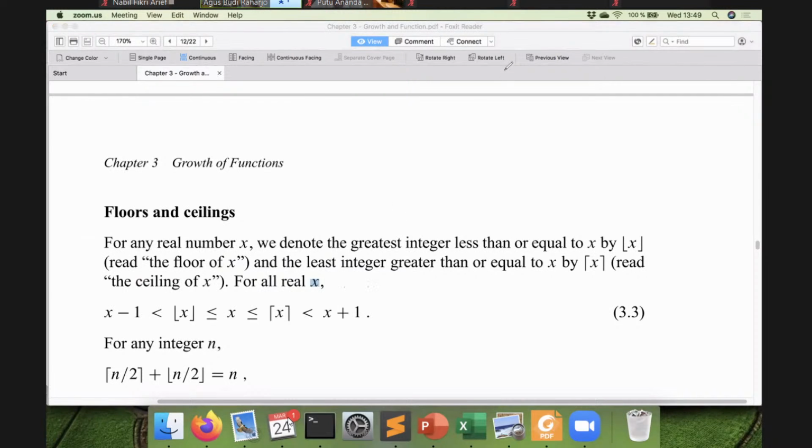Let's say x is 3.56. The floor is 3 and the ceiling would be 4.